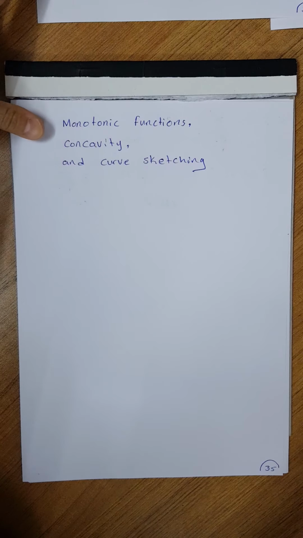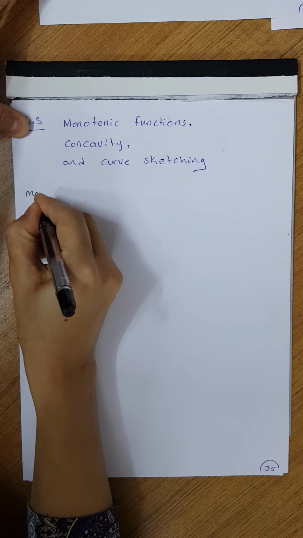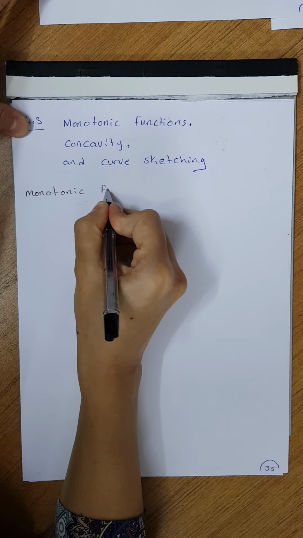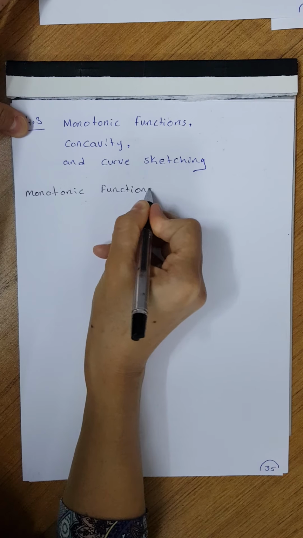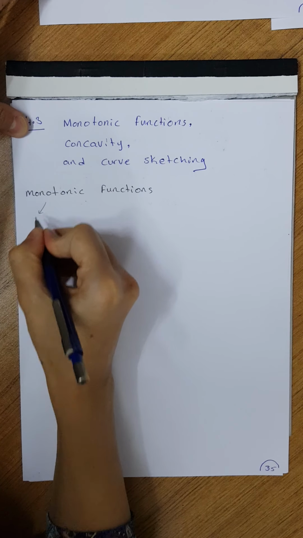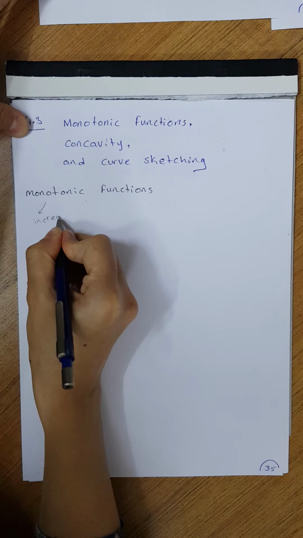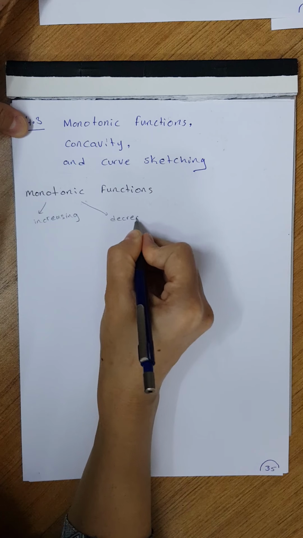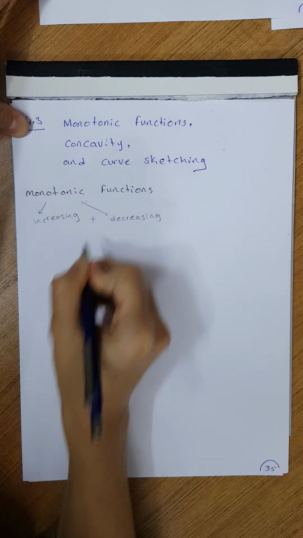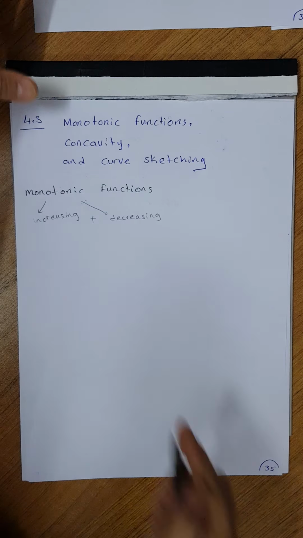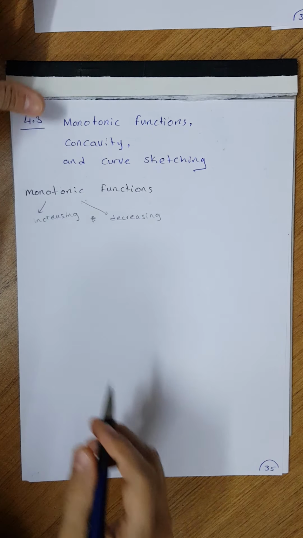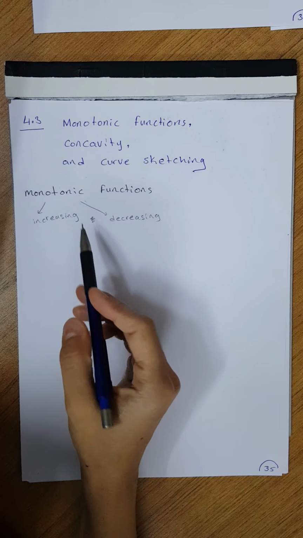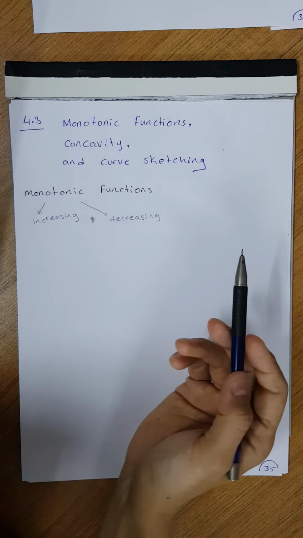Okay, so monotonic functions are those that are either increasing, I'll write it in a short way, or decreasing, or both of them, so that you will not be confused. It is maybe increasing or decreasing or both of them.